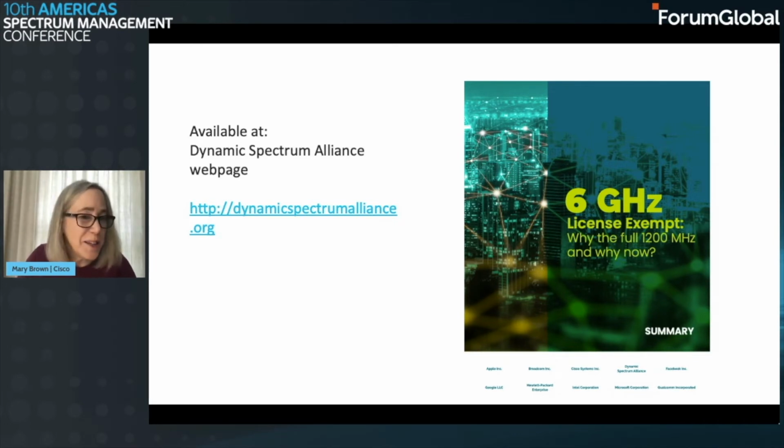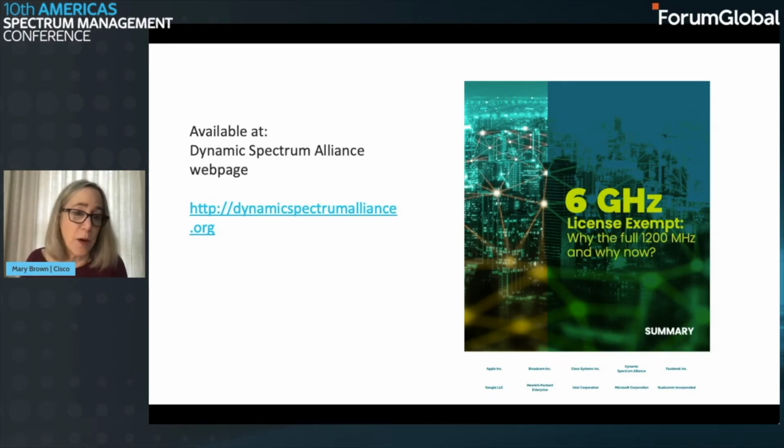Another way you can consider what to do is look at what's going on with other regulators. Here in the 6 gigahertz band, we are blessed with a number of wonderful decisions that regulators have made favoring license exempt, many favoring it for the entire band.